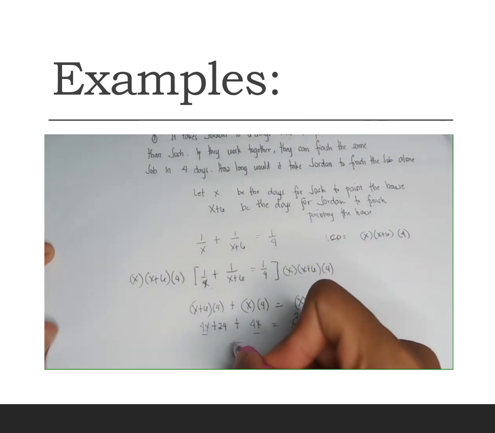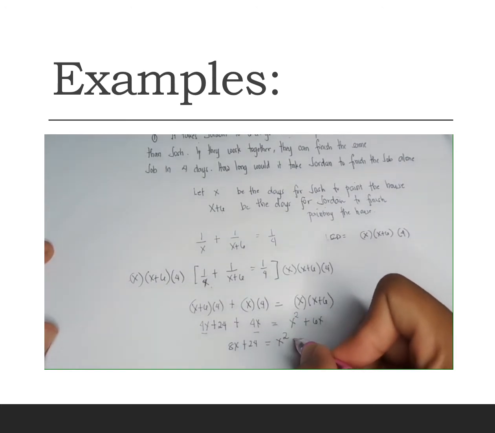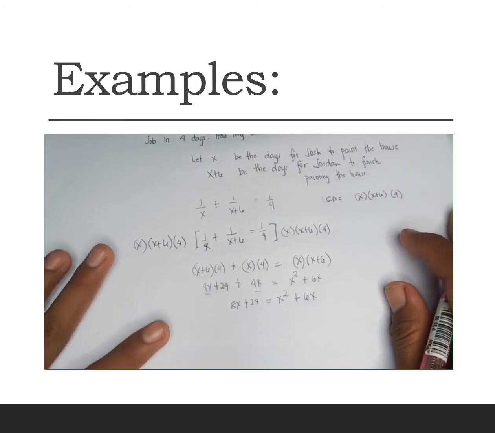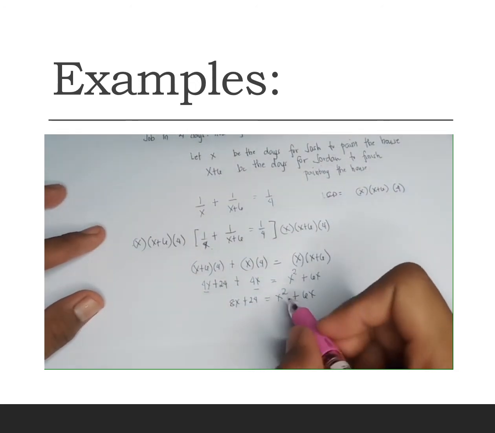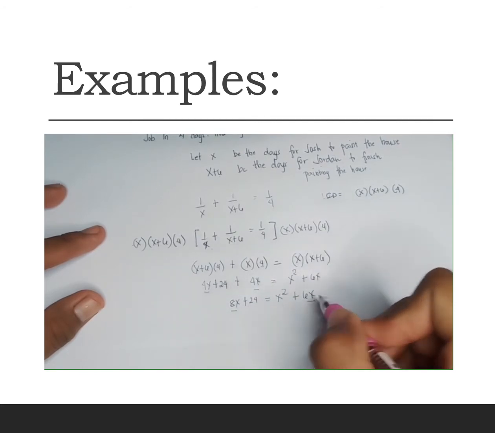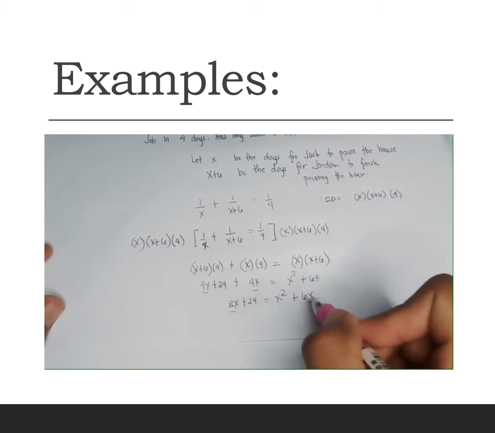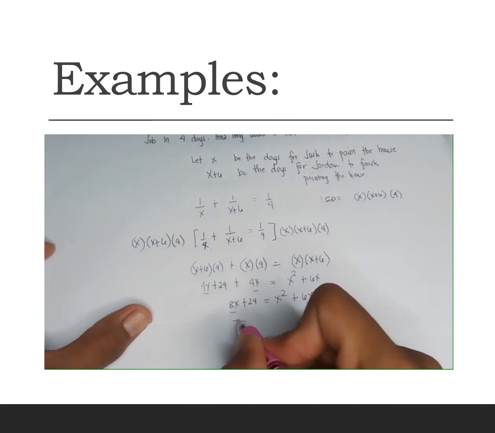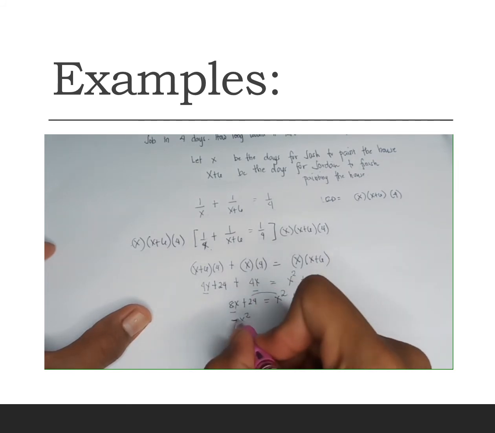So we have 8x plus 24 is equal to x squared plus 6x. Now, we still have 8x and 6x. But then, let us put x squared and 6x to the other side. So we have negative x squared, which goes to the other side. So we have negative x squared.